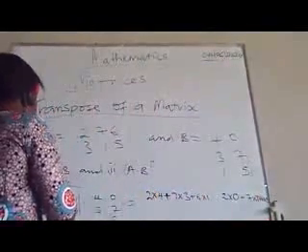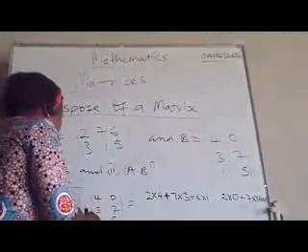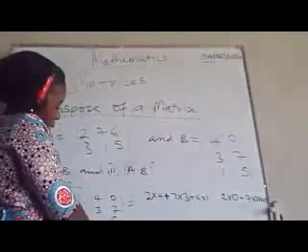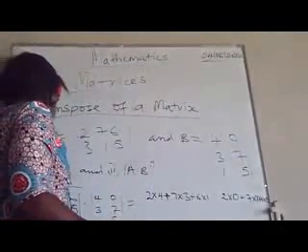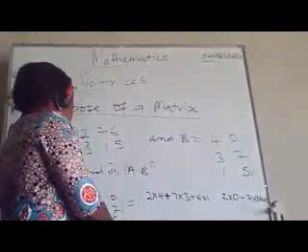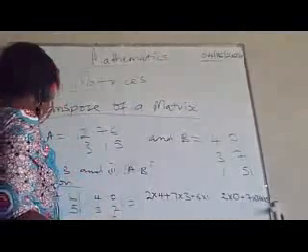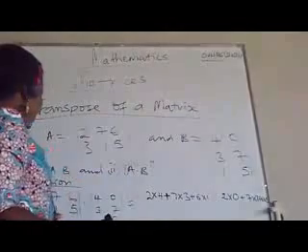I said we use the number on the first row to multiply with the number on the first column. We have done that. Also use the first row to multiply with the second column. Okay, so we move to the second row where we have 3, 1, 5.